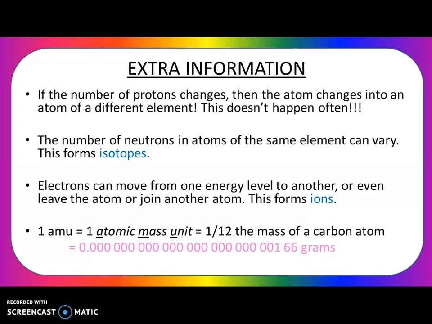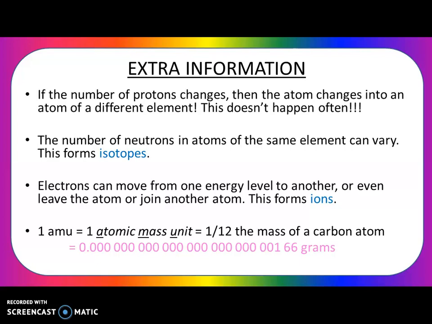That would not be detectable on any of the lab equipment that is currently available in the world, so scientists have created a mass unit strictly for dealing with atoms and molecules. So we don't use grams for atoms.